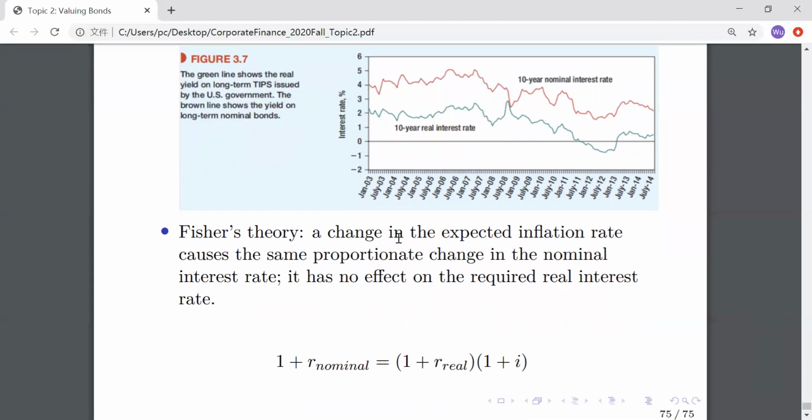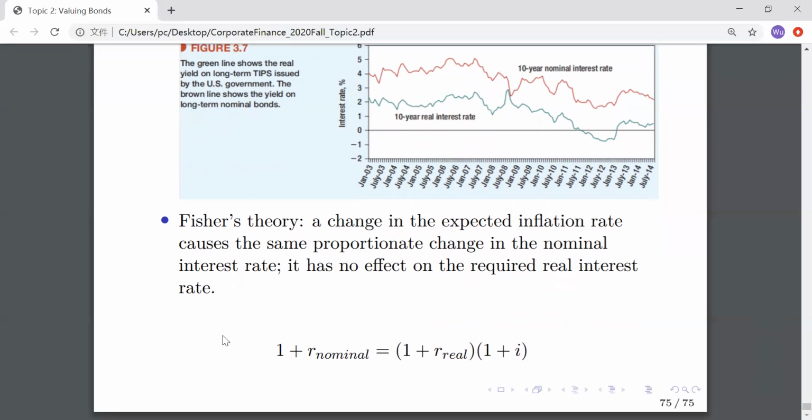And in general, a change in the expected inflation rate causes the same proportional change in the nominal interest rate, and it has no effect on the required real interest rate. This equation is called the Fisher equation, and it shows you the relation between the nominal interest rate, the real interest rate and inflation.